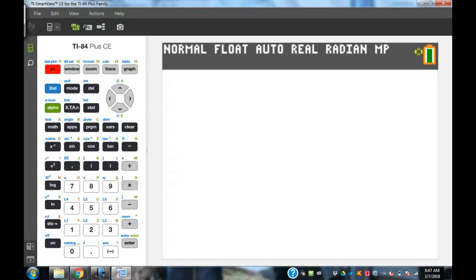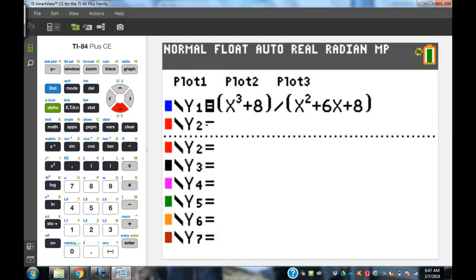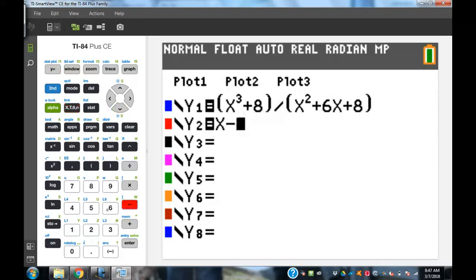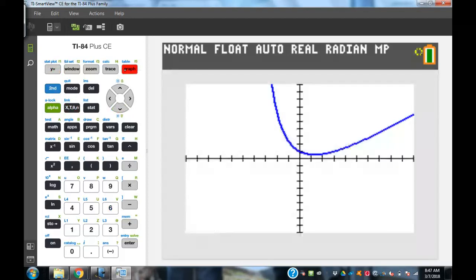I'm going to graph it so you can see it. X minus 6. This red line coming in there, that's our oblique. Notice how that blue curve is getting closer to that. If we zoomed out, you'd see it getting even closer to it, and then start lining up with it. It'll never get perfectly straight there, but it's going to get closer and closer.